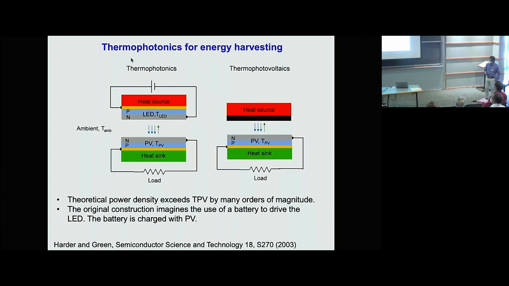So when he computed the entire energy balance, what he showed is that under the right condition, in fact, you can get far more power this way, even after you subtract the electric power that's injected into the light emitting diode.